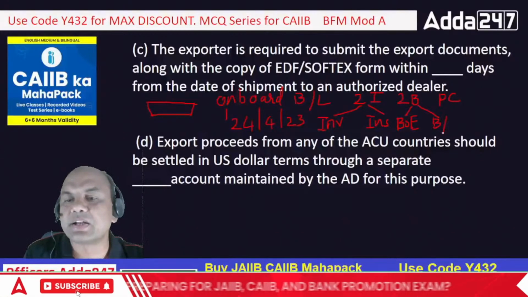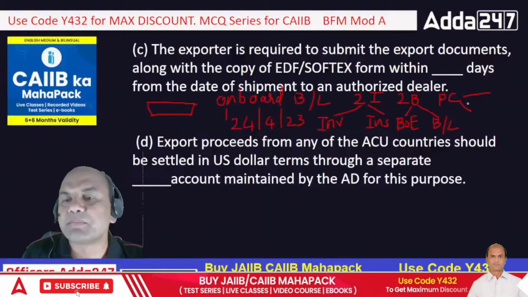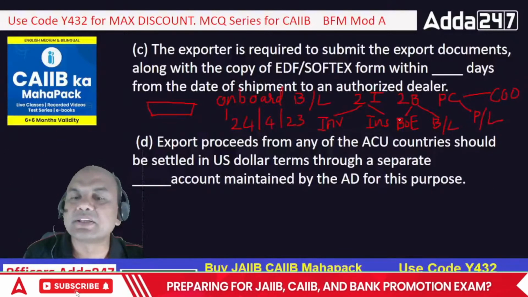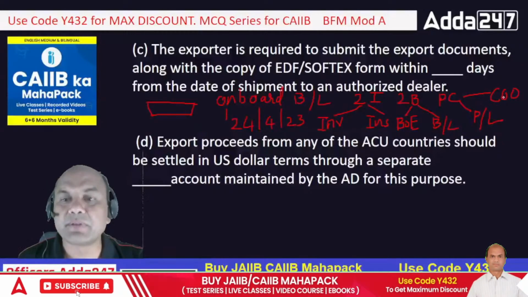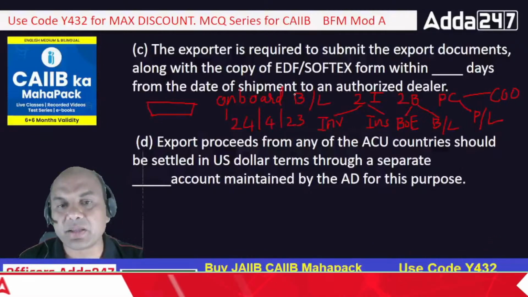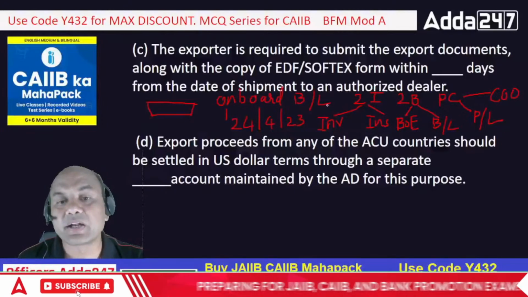PC means packing list, PL, and COO, certificate of origin. These are the 6 documents, minimum 6. I can have more than that, but minimum 6. These 6 documents are to be submitted by me as an exporter. If I do this export on 24/4, the onboard date is 24/4.